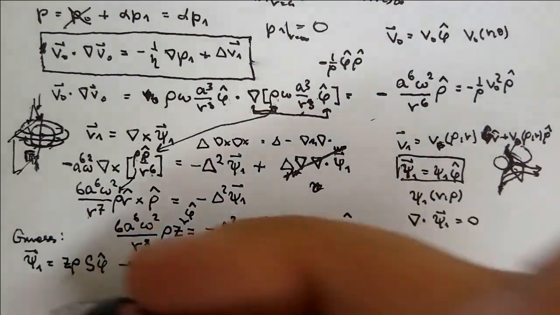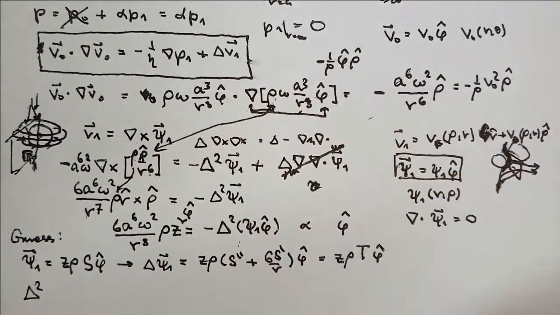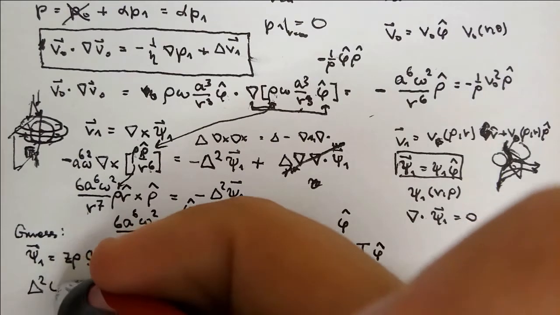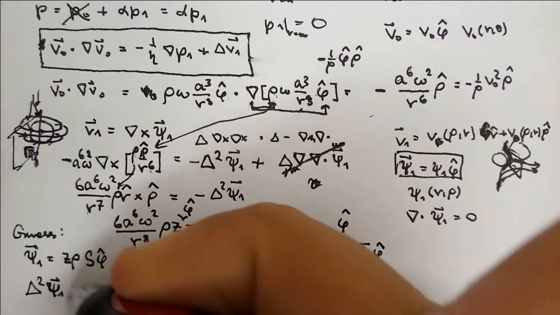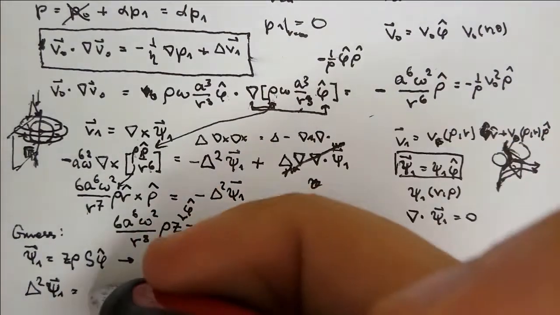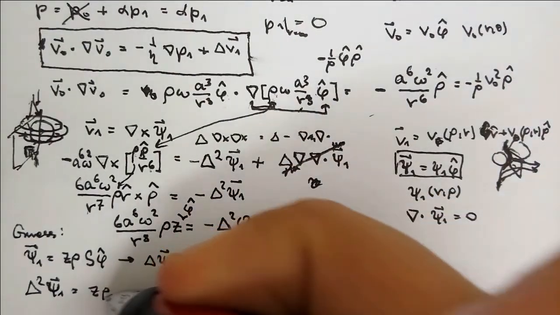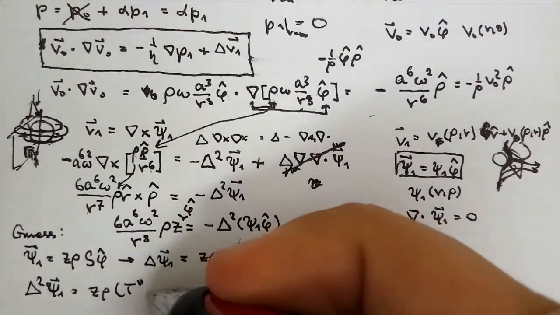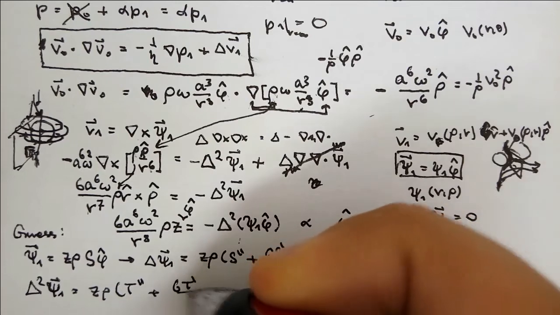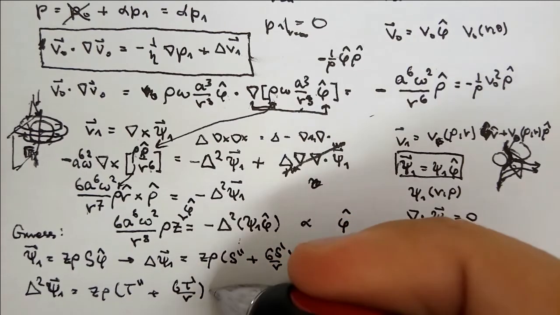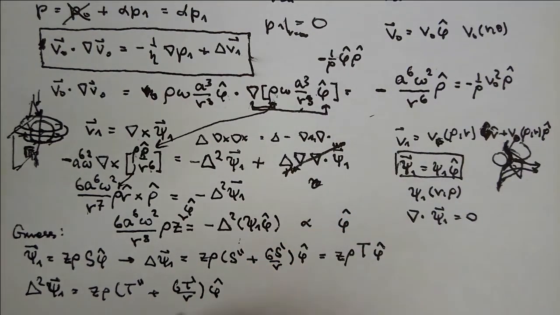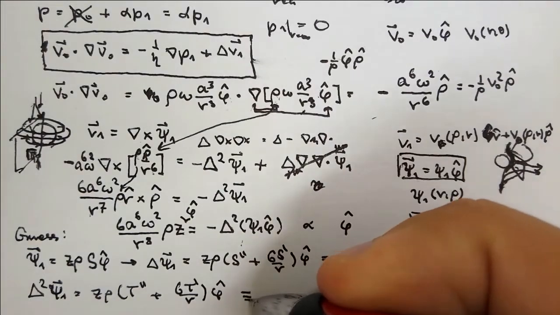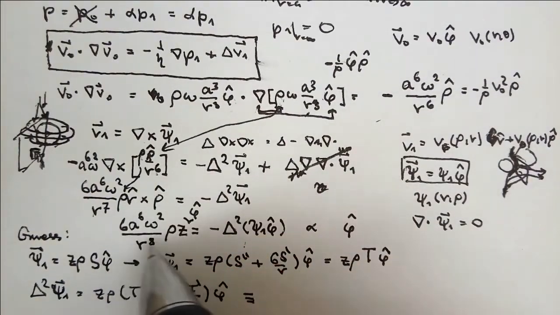Again, if we perform it again, the second Laplacian, or Laplacian squared of the psi vector, is exactly the same form, so it should be t double prime plus 6t prime over r times phi hat. And this we have to equate with this solution.